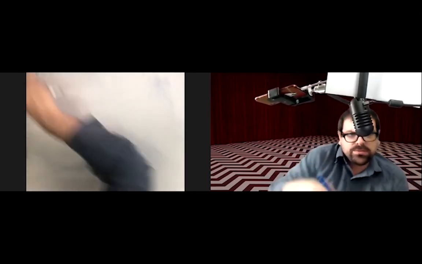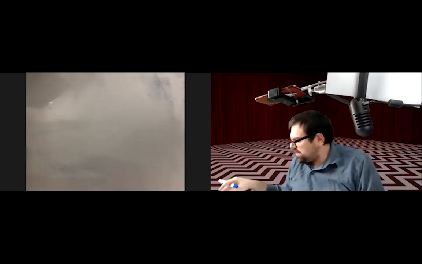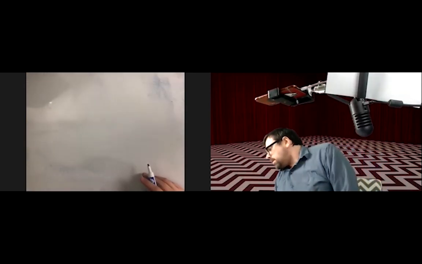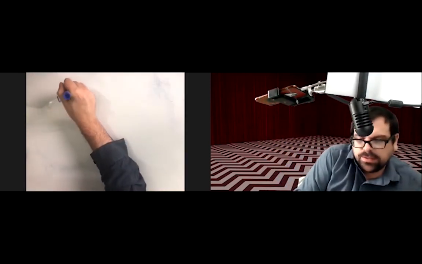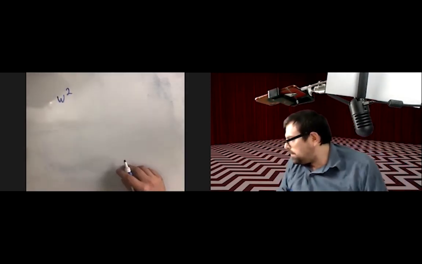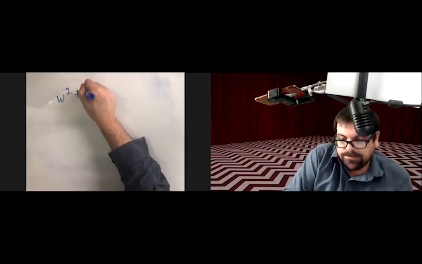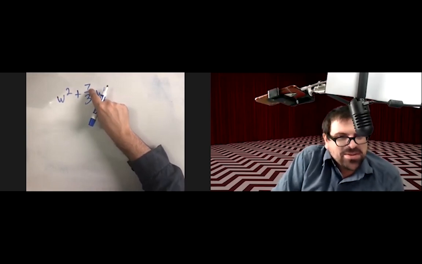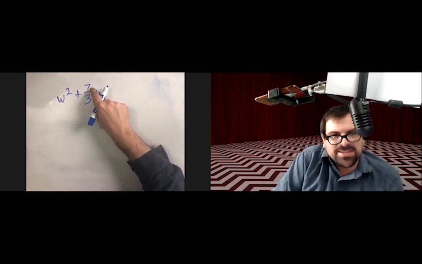One more, and then we'll connect this to actually solving something. W squared plus 7/3 W. It's not an even number, so we can't do that cool half of 7 something is half of 7 something.